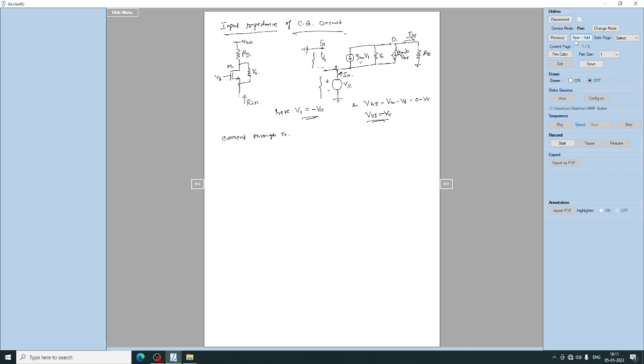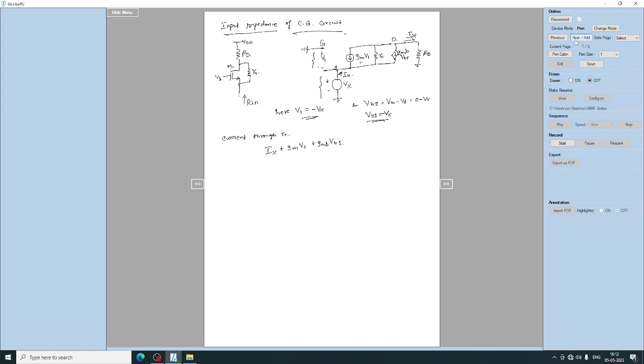So the current through R0 will be equal to the total current Ix, plus, since Ix will be in the opposite direction, Gm into V1 plus GMB into VBS.